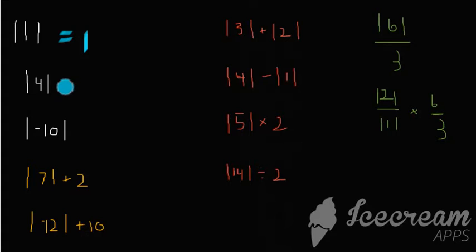Here again we have absolute value of 4, which would equal 4. And then absolute value of negative 10, even though it's a negative, would equal 10.